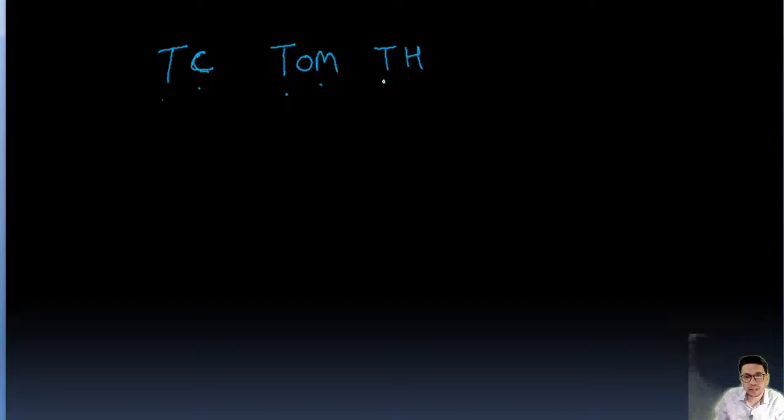And T is tetragonal, and H is hexagonal. T means trigonal. Take care Tom TH, or you can say TC Tom TH. This is very simple, you can learn it. C is cubic.